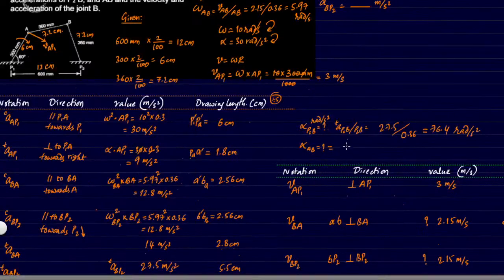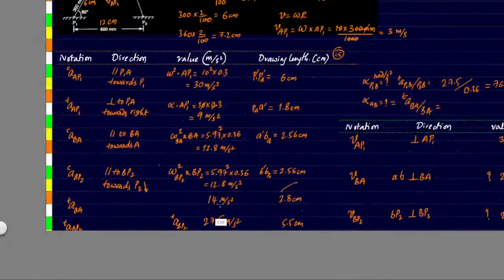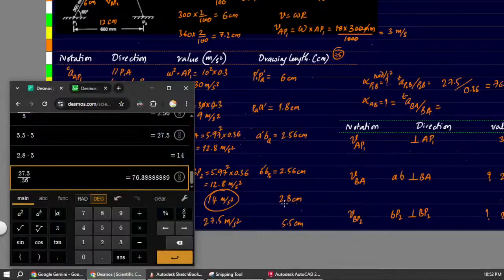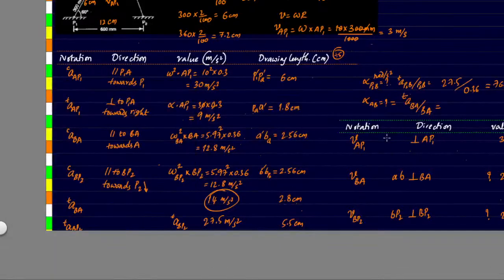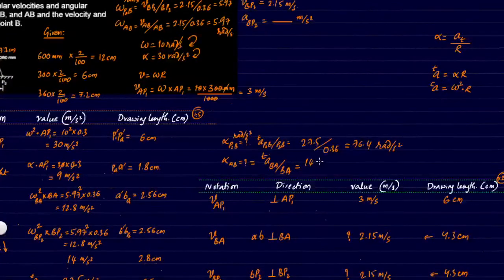Next, this one we will need tangential acceleration of B with respect to A divided by BA. Tangential acceleration of B with respect to A, we have found it here, that is 14. 14 divided by 0.36, the length of AB.